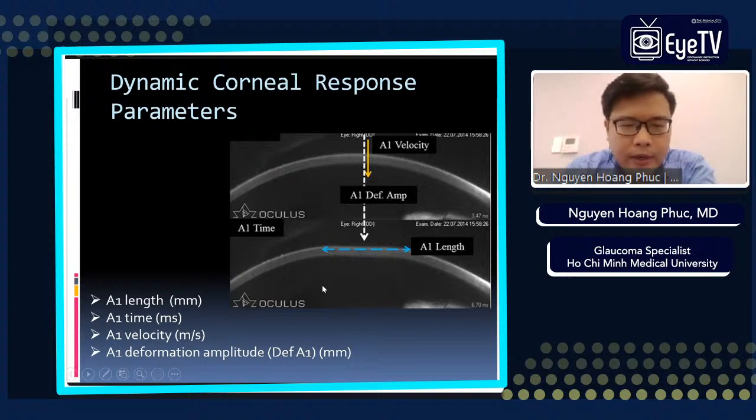And the A1 deformation amplitude is the distance from the normal position to the first applanation. In a stiff cornea, the time may be longer, the velocity may be slow, and the deformation amplitude may be small, but the length of the first applanation may be longer because the central cornea and the peripheral cornea are deformed at the same time.